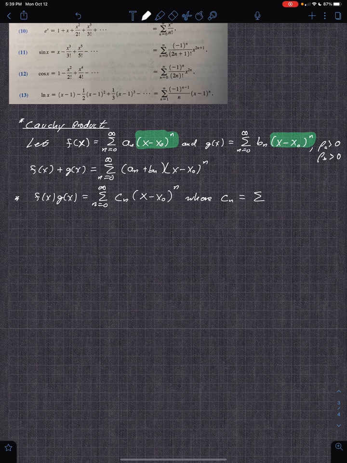It looks like this. It's the sum, k goes from 0 to n, of a sub k times b sub n minus k. So that'll take a little bit to calculate, but as you're reversing the order on b, a goes in the same order as n. Okay, so there's a couple questions that ask to use the Cauchy product, so we'll have to take a look at that.